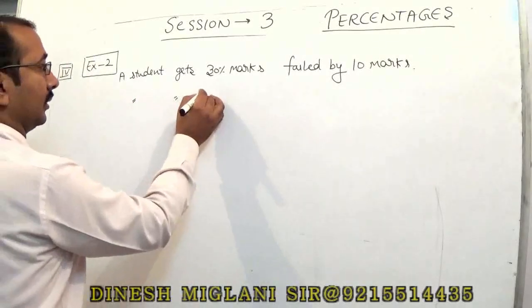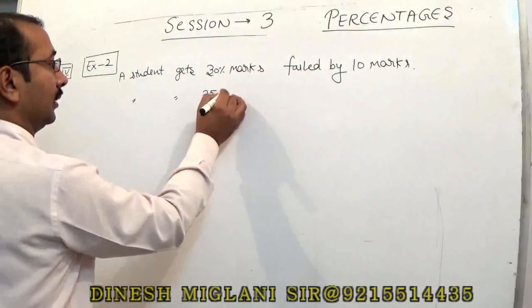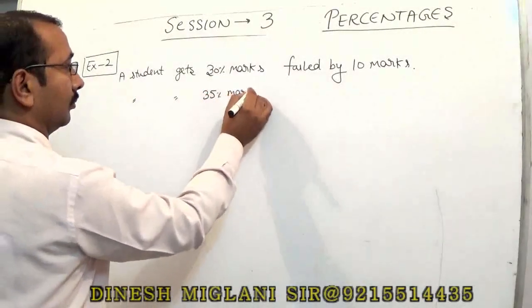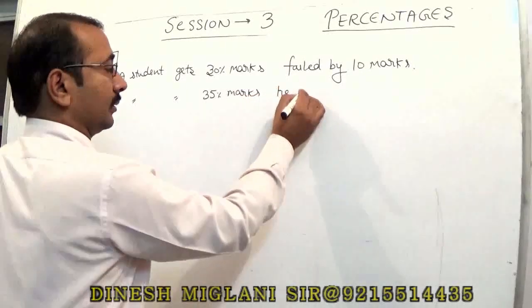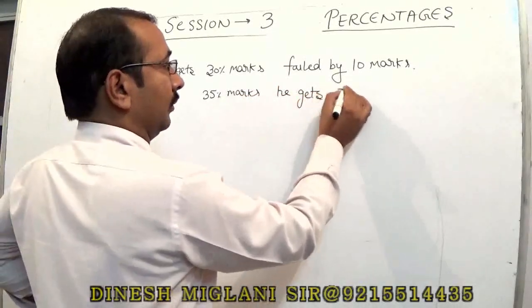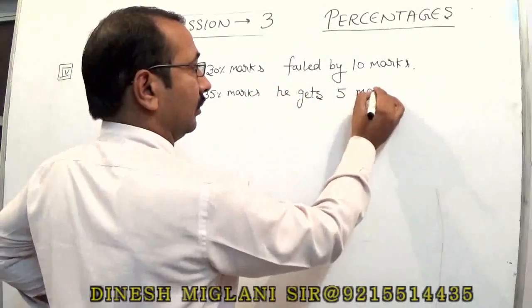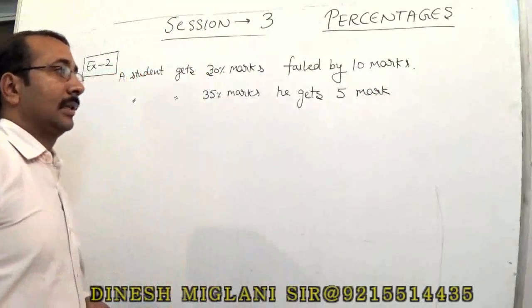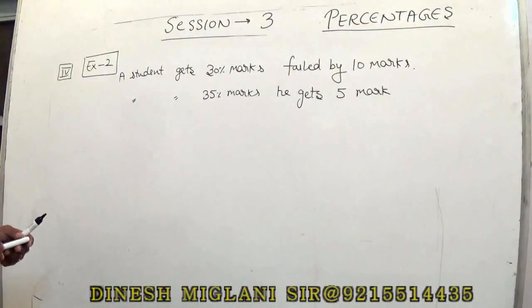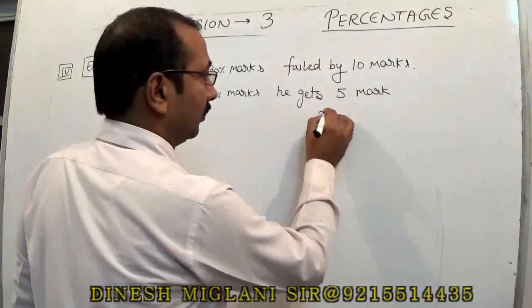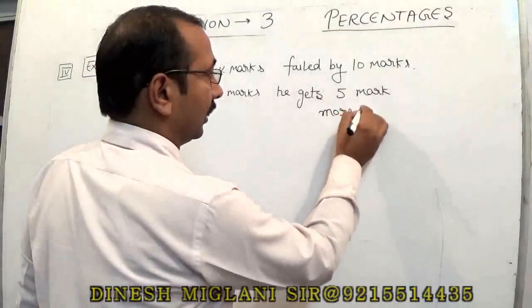If he gets 35% of marks, he gets 5 marks more than passing marks.